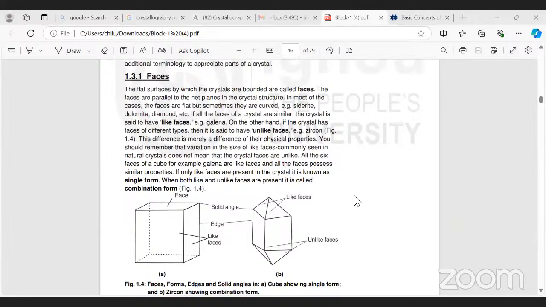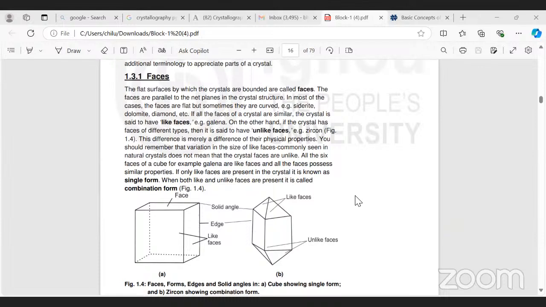So sometimes the crystals we see are flat, sometimes maybe they are curved. For example, you see in some minerals such as siderite, dolomite, and diamond. Or some of the crystals have similar faces, for example galena.